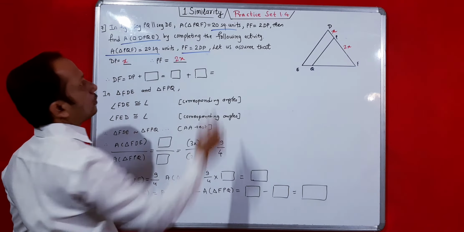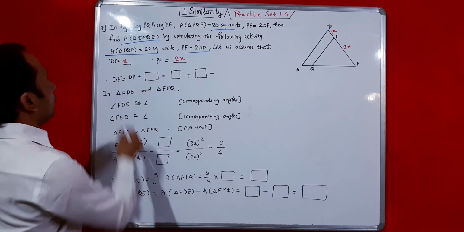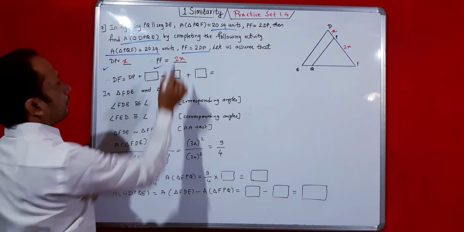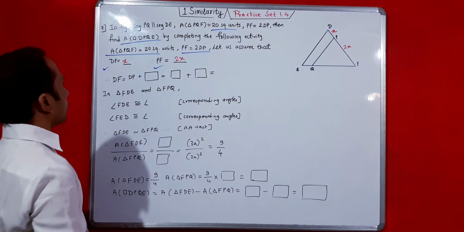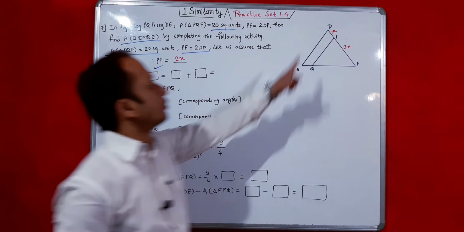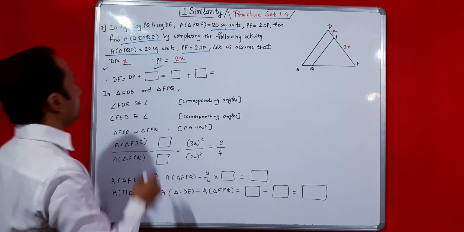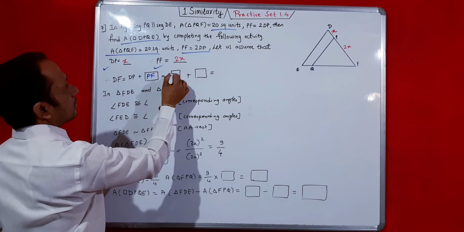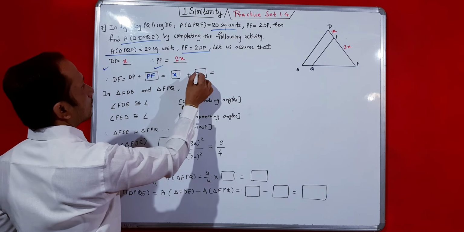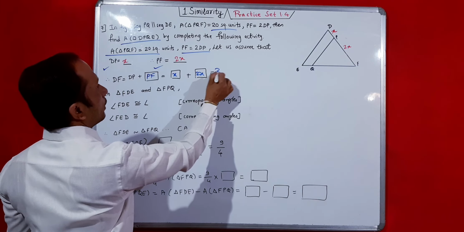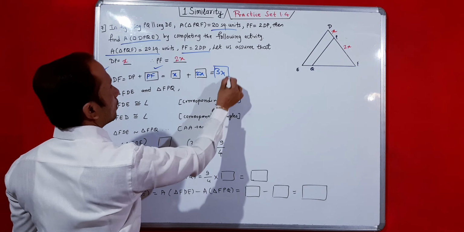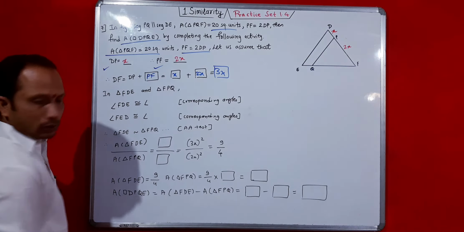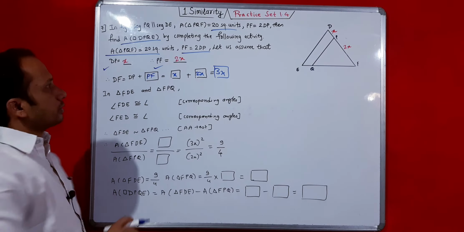Let us assume that DP is equal to x and PF is equal to 2x. So the whole DF is equal to DP plus PF, so it is x plus 2x, which is 3x. It is given 3x.